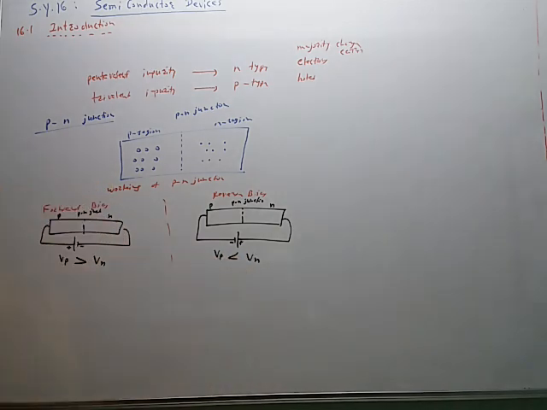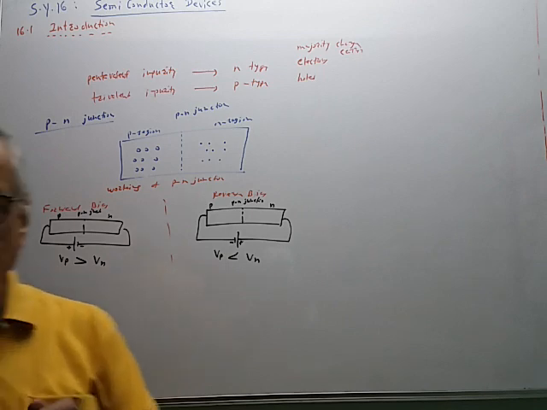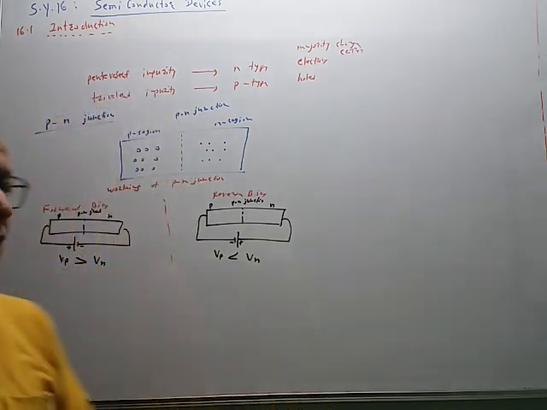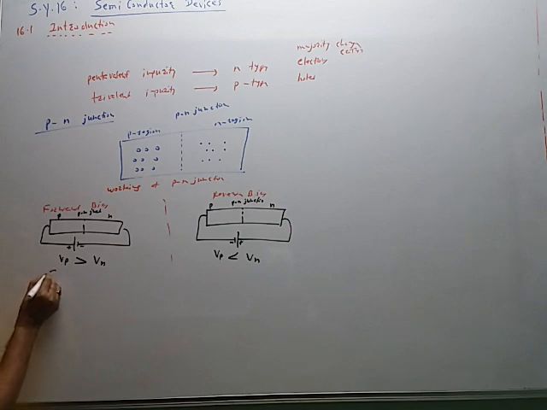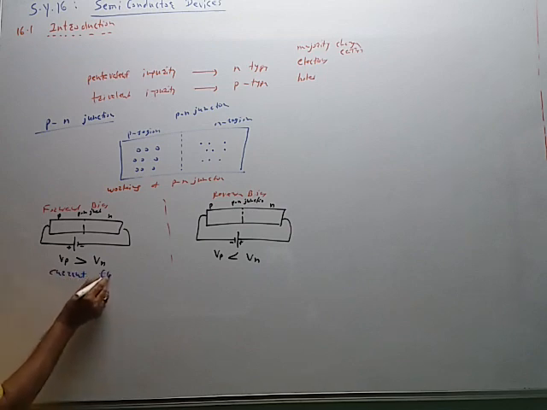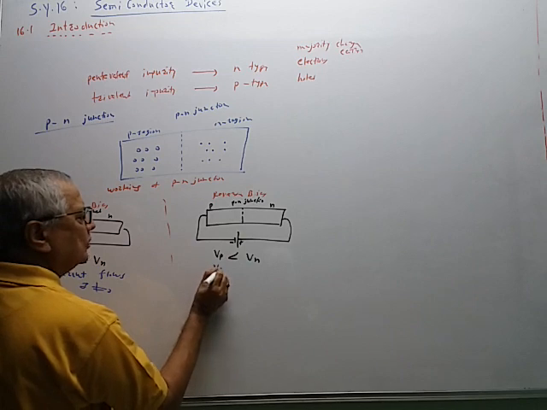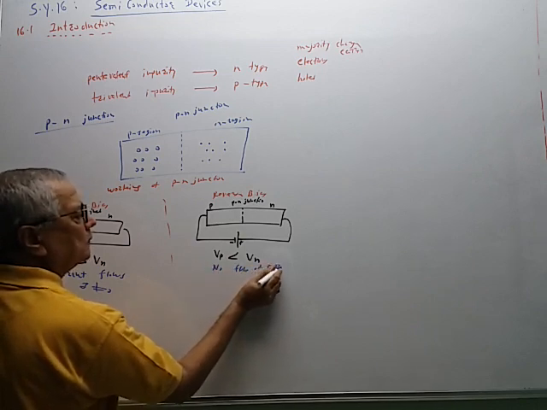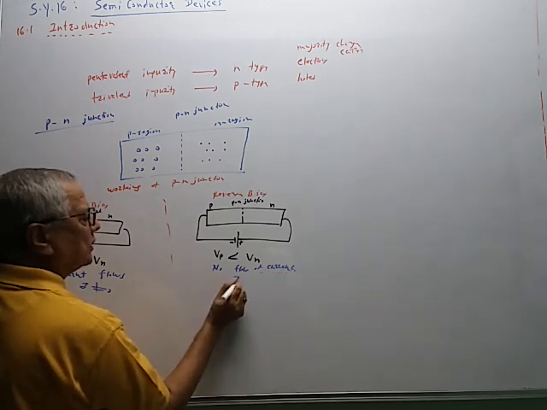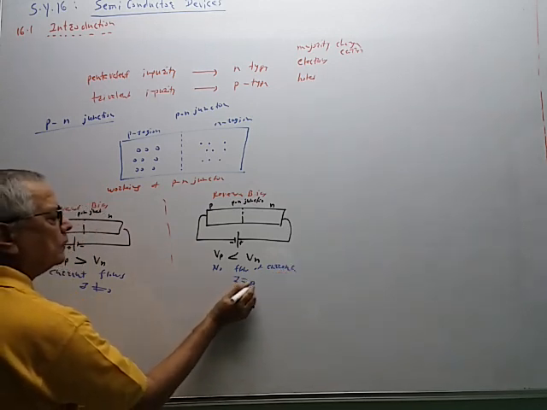So we have seen this conclusion. What is the conclusion? When Vp is greater than Vk, then current flows. So current I is not equal to 0. In this case, no flow of current. I is equal to 0.